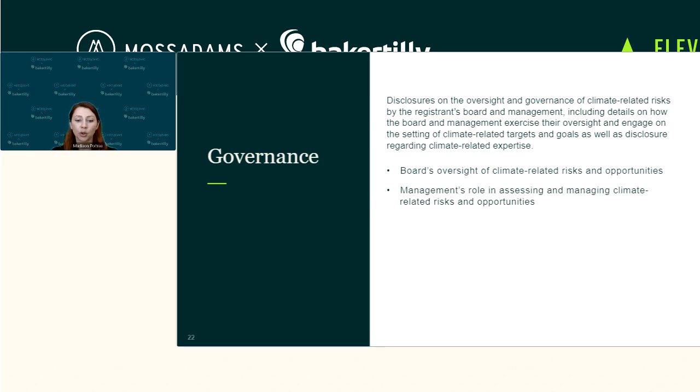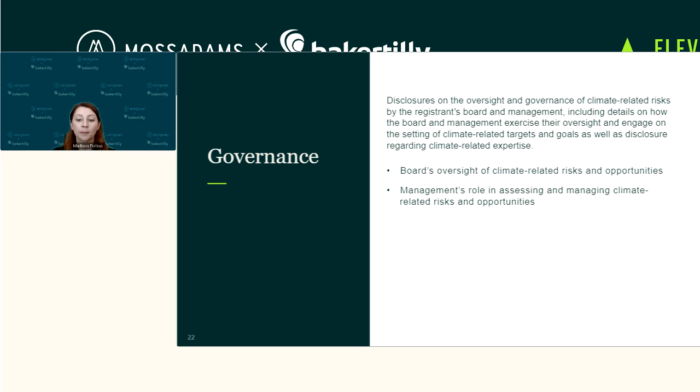And then that second bullet point, in the same vein, describes management's role in assessing and managing climate-related risks and opportunities. An example of this would include how the organization has assigned climate-related responsibilities to different management-level positions or committees within your organization.